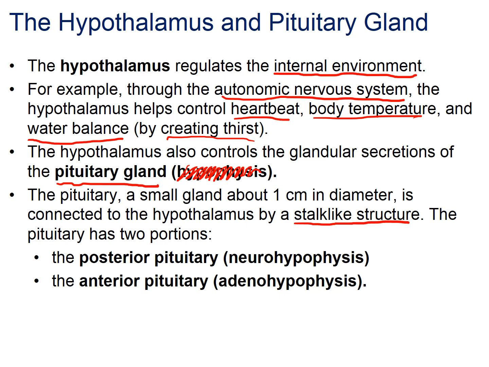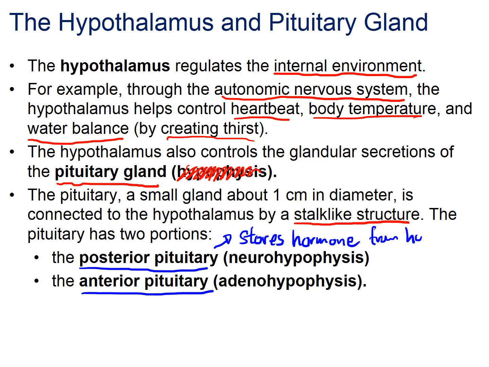The pituitary is also separated into the posterior pituitary as well as the anterior pituitary. Again, they have different names, and we don't have to worry about them for this course. In general, the posterior pituitary gland stores hormones from the hypothalamus.